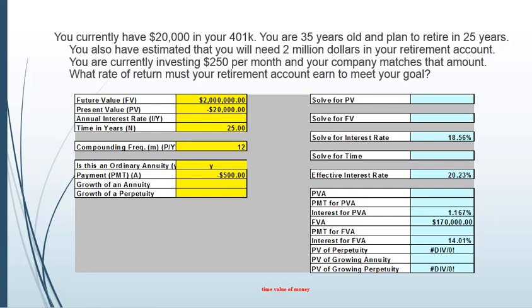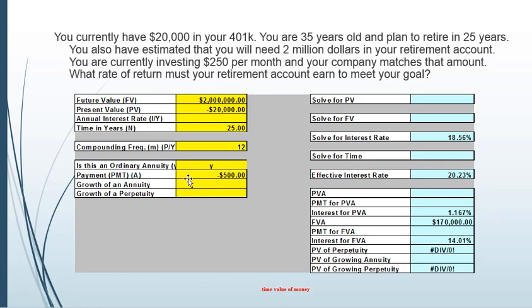Again, here's another example of what rate of return you need to earn. You currently have $20,000. You're 35 years old. You plan to retire at 65. You need $2 million in your account, and you're currently investing $250 a month, and your company matches that amount.